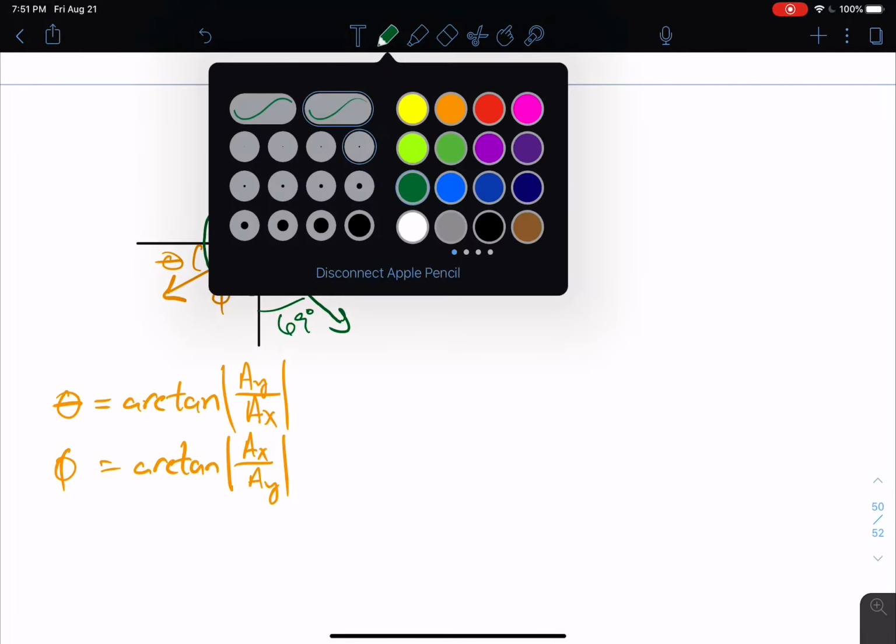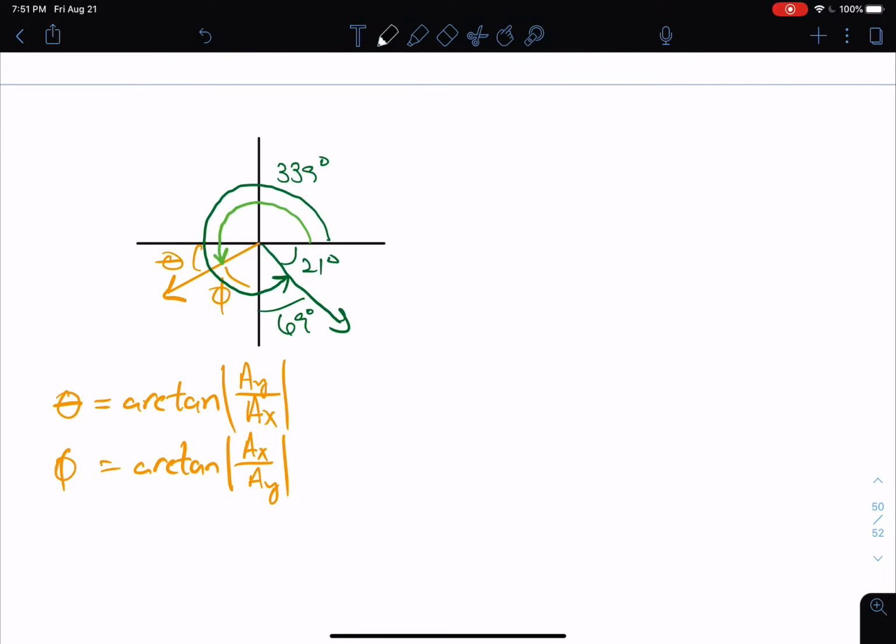Now, negative a, because I know that's another issue that people have been getting hung up on. Remember that negative a is just anti-parallel to a. That is, they're 180 degrees apart.